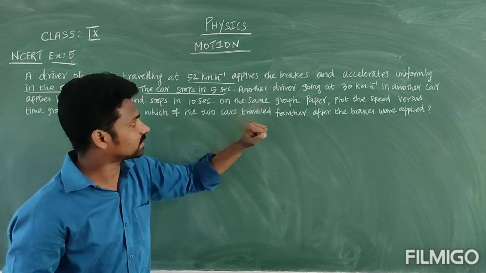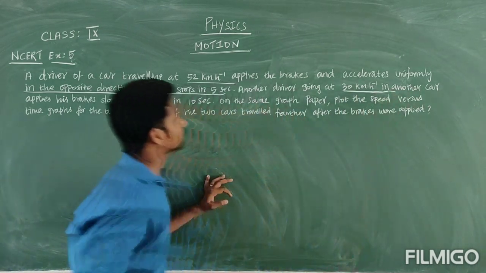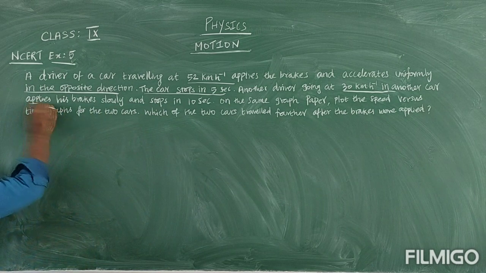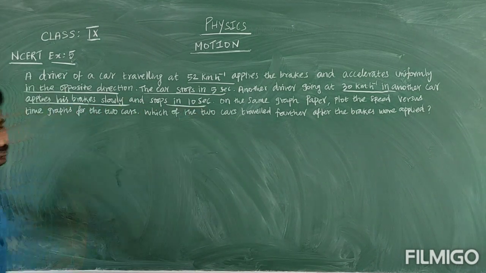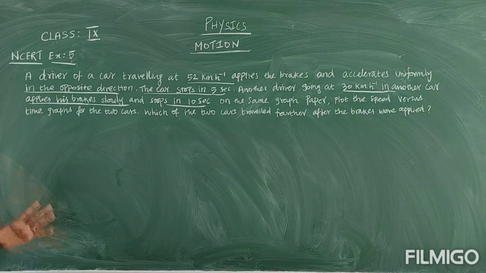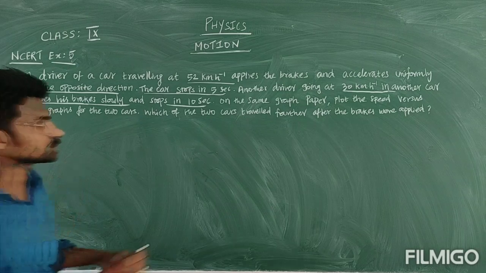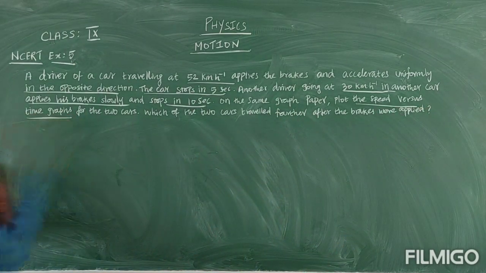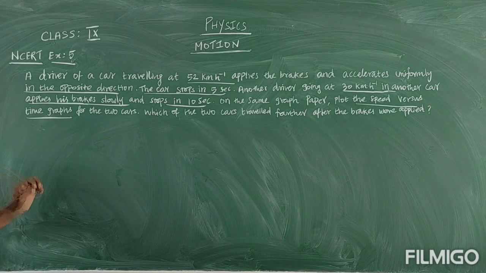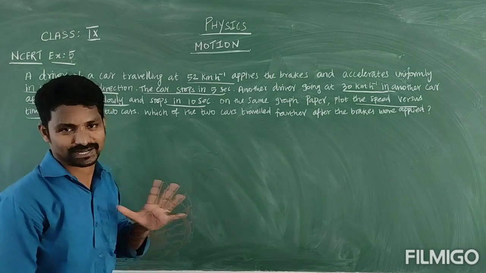Then another driver going at 30 km per hour in another car applies his brake slowly and stops in 10 seconds. On the same graph paper, plot the speed versus time graph for the two cars. Which of the two cars travels further after the brakes were applied?